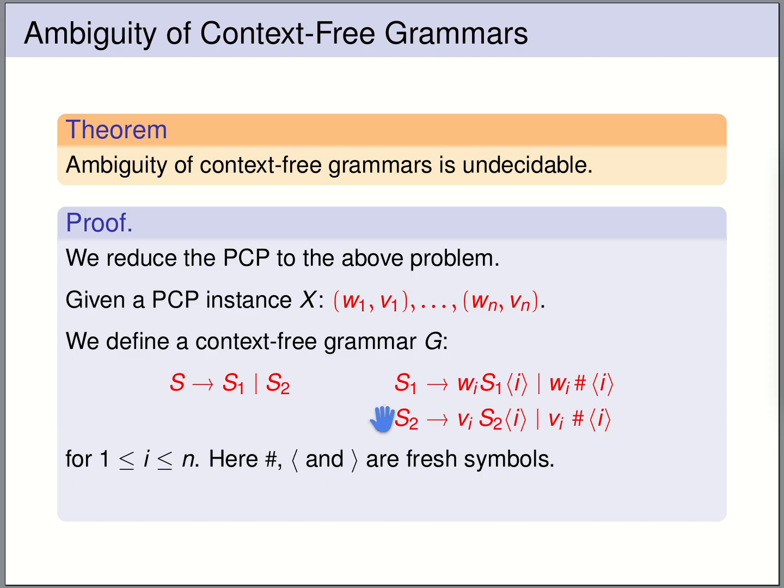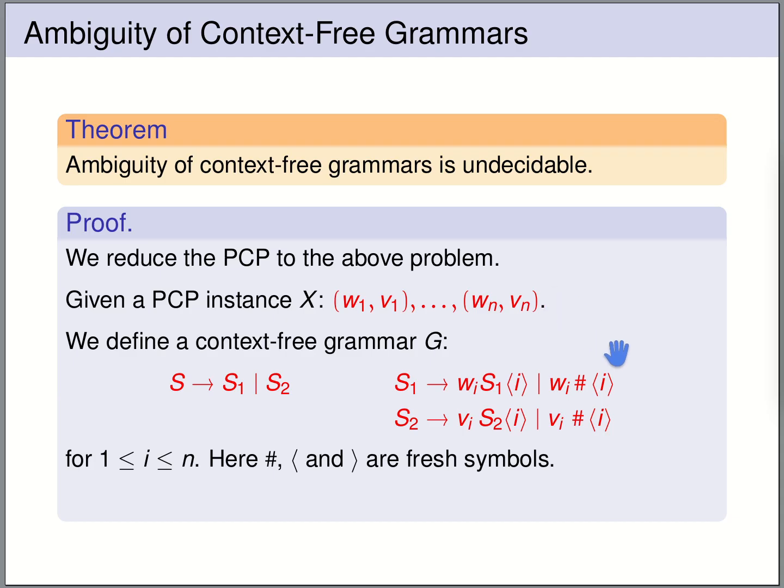Now we have already argued on the last slide that these two variables S1, S2 generate the same word if and only if the post-correspondence problem has a solution. So that means that we have ambiguity, namely S1 generates the same word as S2 generates, if and only if this PCP has a solution.